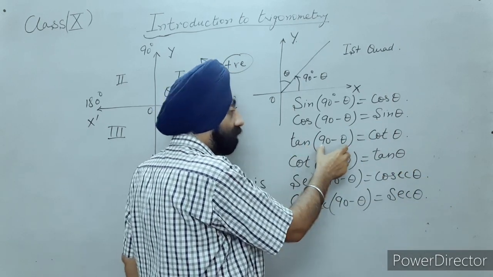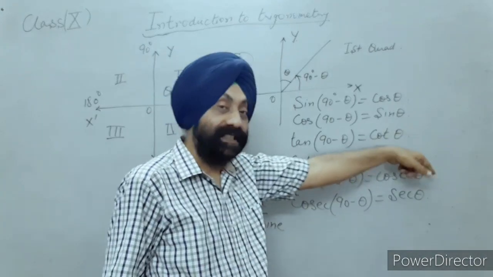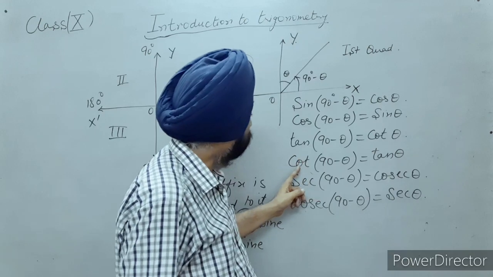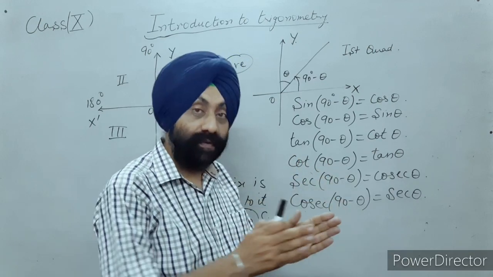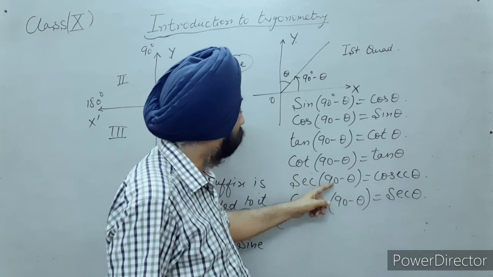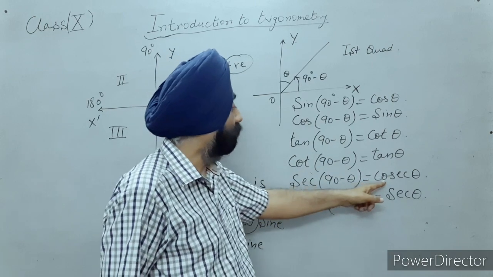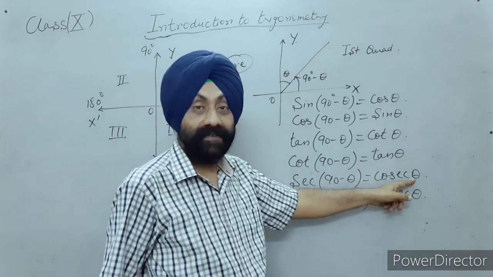Likewise, tangent of 90 minus theta becomes cotangent of theta. Cotangent of 90 minus theta, we remove the suffix co, it gets tangent theta. Secant of 90 minus theta, we add the suffix co, that is cosecant of theta.